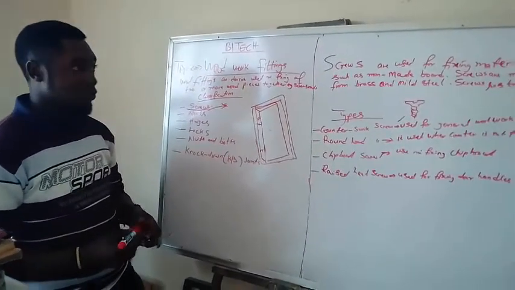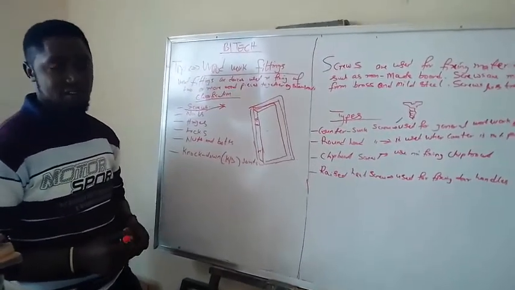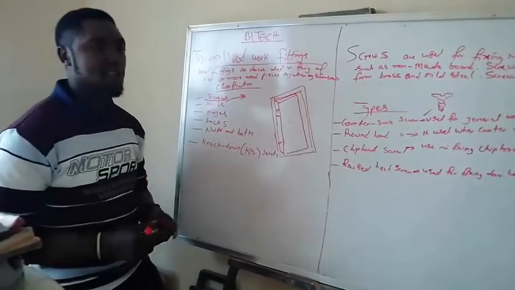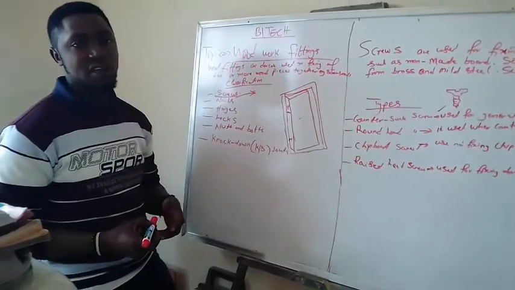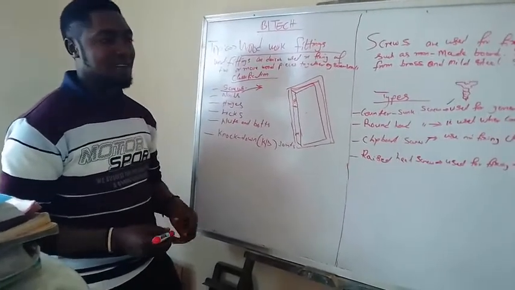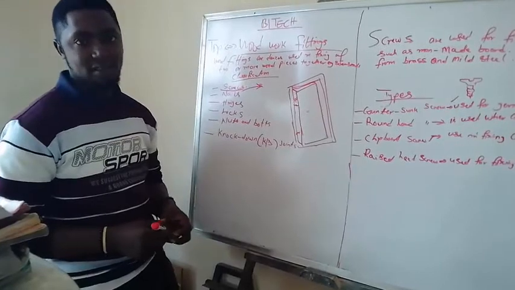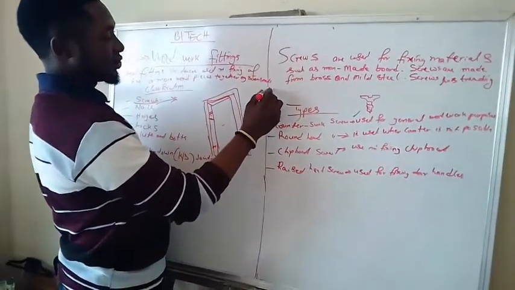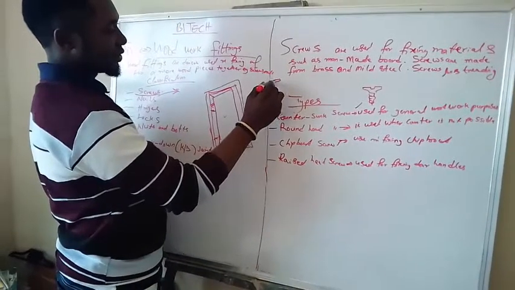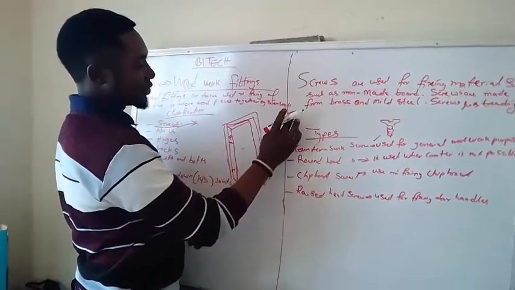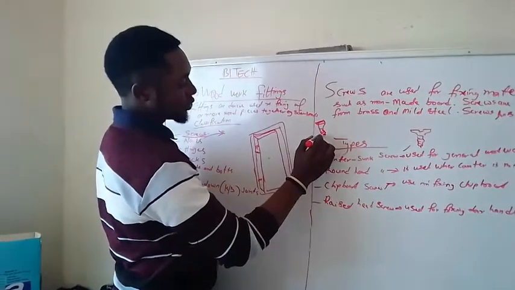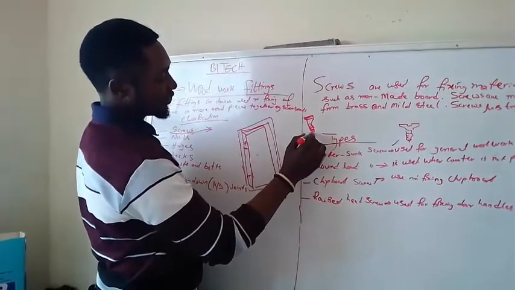The screws are made from brass and also mild steel. The screw has thread around the body part, which makes it possible to hold materials firmly.